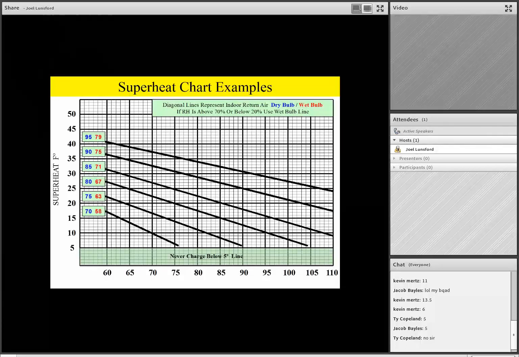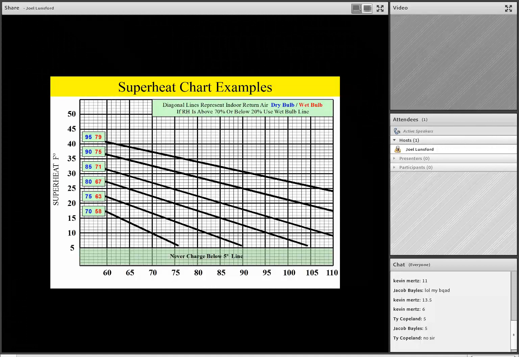Please find 85 degrees with a 30% relative humidity. And in our example, it's 105 degrees outside. So 85 degree return air dry bulb temperature, 105 degrees outside. If we find where those two lines correlate and intersect, we see that our superheat in that example should be about 12 to 13 degrees.